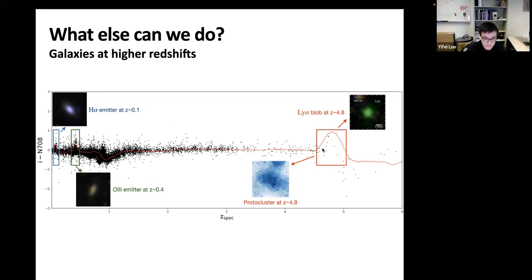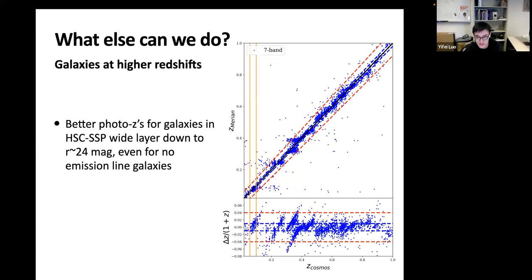And the very last science would be this: the Merian filters can actually help the photo-z in general for all the galaxies in HSC, because it's pretty deep, so we can go down to 24. It's not as deep as HSC, but it's already pretty deep for this kind of lensing survey.